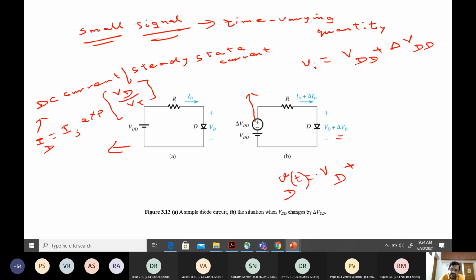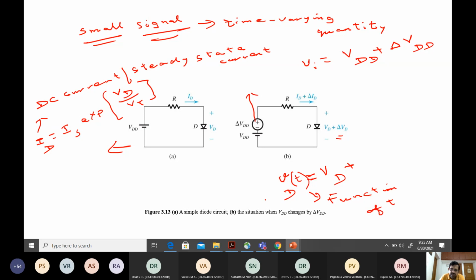Please note, this is the notation used in the textbook, and I will follow it verbatim. VD of t equal to VD plus delta VD. Whenever I don't write the function of time, it still represents a function of time.